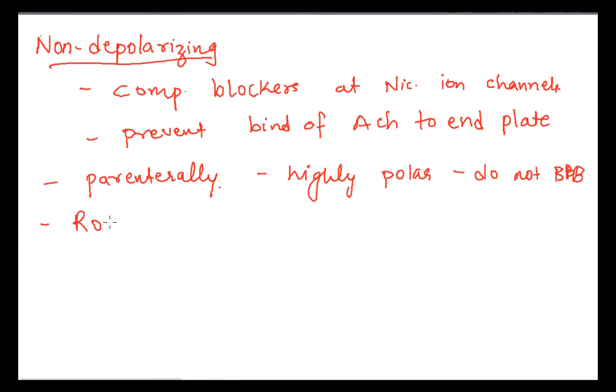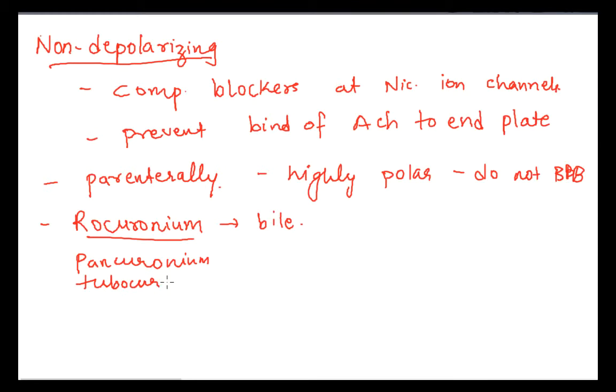Rocuronium is eliminated in bile secretion, while pancuronium and tubocurarine are eliminated through the kidney. So in bile, it has short duration of action. This has intermediate.